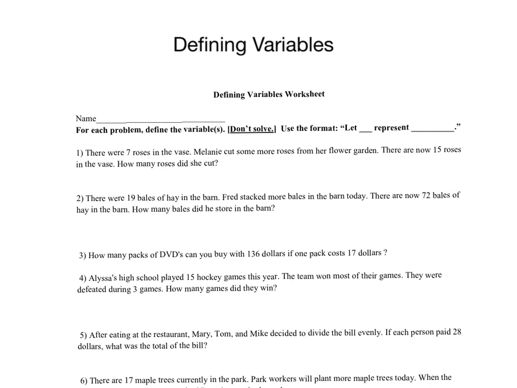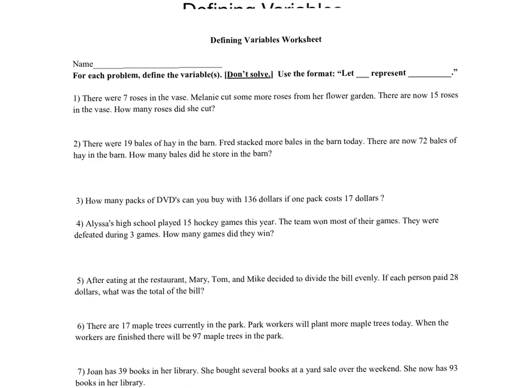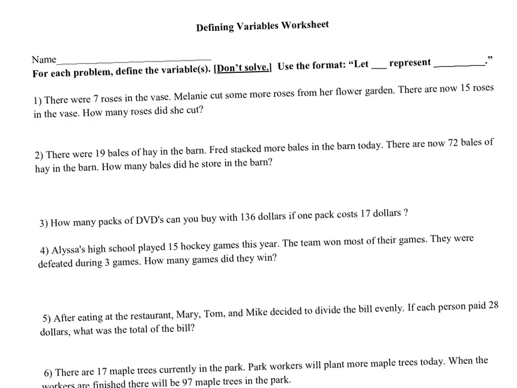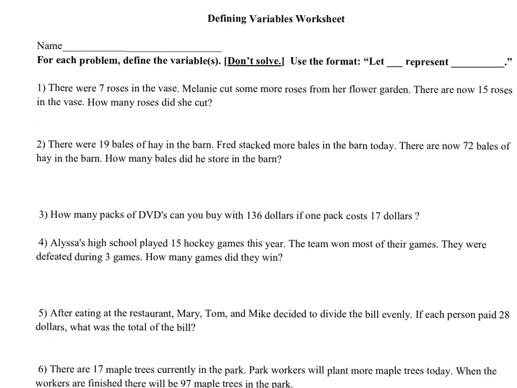So basically what we're going to do on these problems, we're going to look at what it is we're trying to find, and then from there we're going to define our variable. So for number 1, there were 7 roses in the vase. Melanie cut some more roses from her flower garden. There are now 15 roses in the vase. How many roses did she cut?